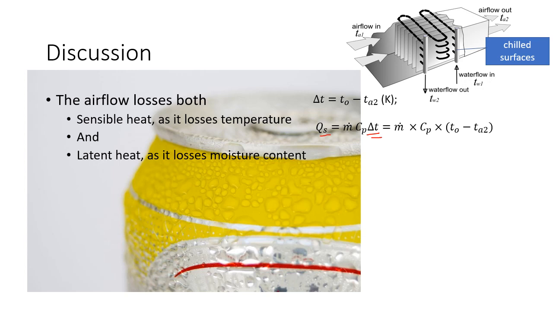The surface is lower than the dew point of the room, and then inevitably it lost moisture. And the latent heat is associated with the moisture content change, multiplied by the mass flow rate, and multiplied by the heat of evaporation. So we have these two formulae linked together: temperature drop, moisture change with specific heat, and heat of evaporation, and then the sensible heat and the latent heat.